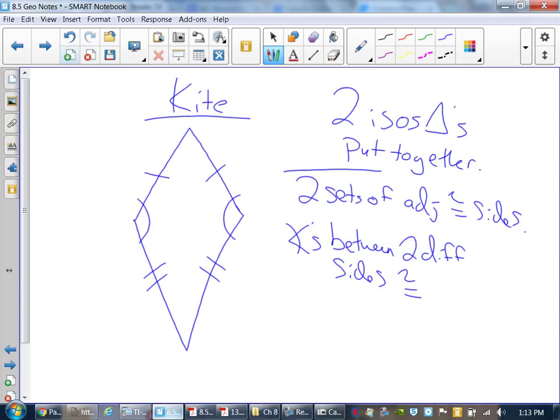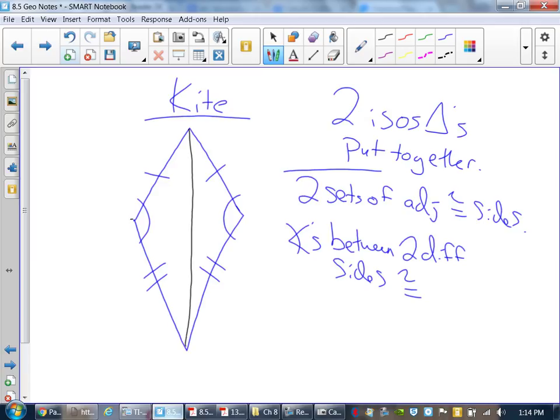The last two work with the diagonals. The diagonals of kites are always perpendicular because the height of an isosceles triangle is always the perpendicular bisector of the base. Properties from back in chapter 5.